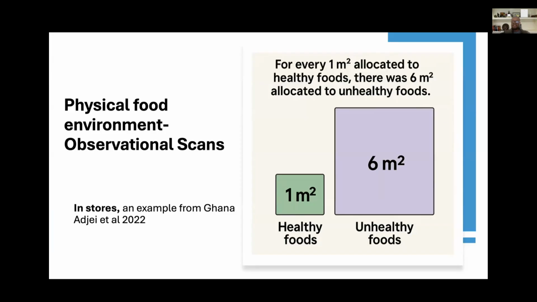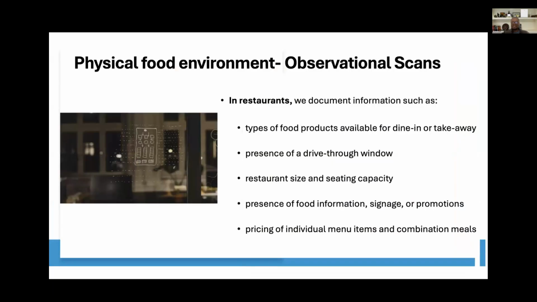And beyond measuring that, we went ahead and measured the amount of the shelf area dedicated to healthy food compared to unhealthy food. And here you see the finding. For every 1 meter squared that these modern retail outlets dedicated to healthy food, you had 6 meters squared dedicated to unhealthy food. So again, observational counts. That is just an example.